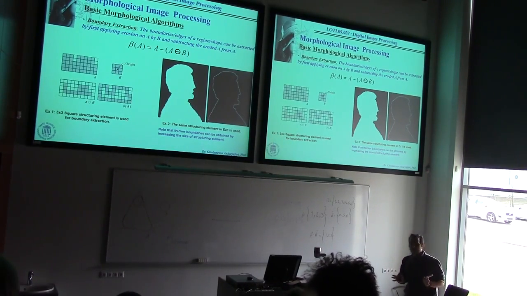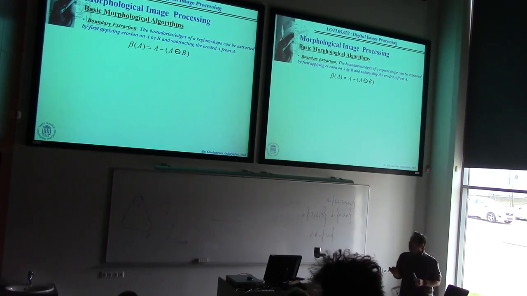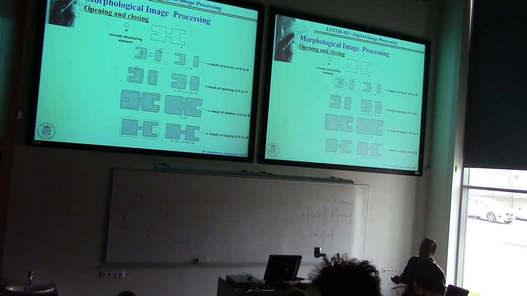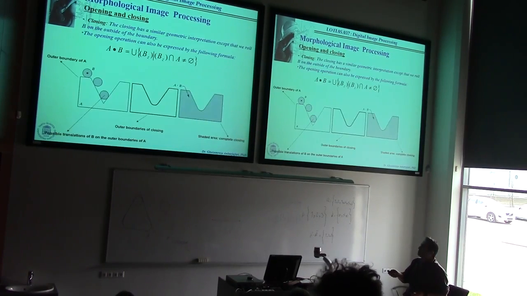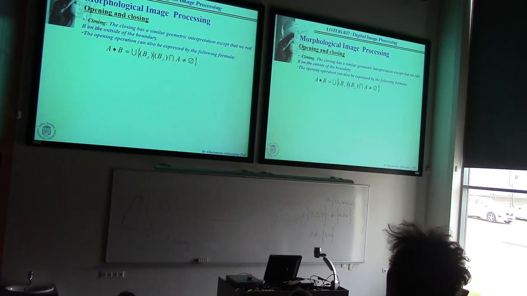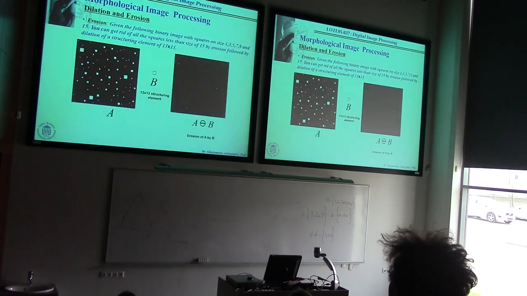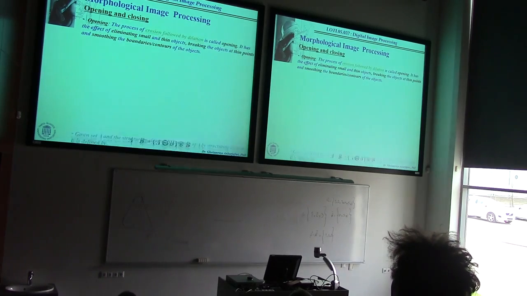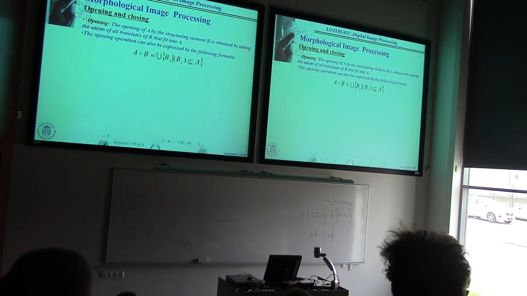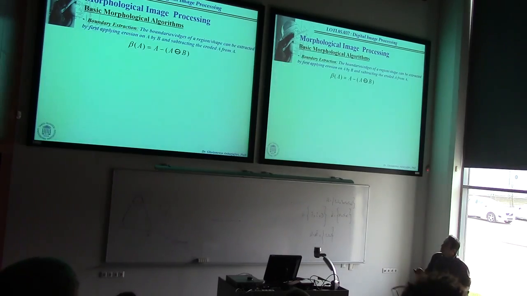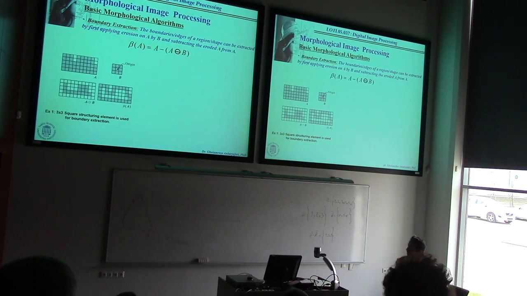It was just for your information. The main operations that you have to know for your final exam or for your course are opening, closing, erosion, and dilation. It's just these four operations you need, but the rest is just for your information.